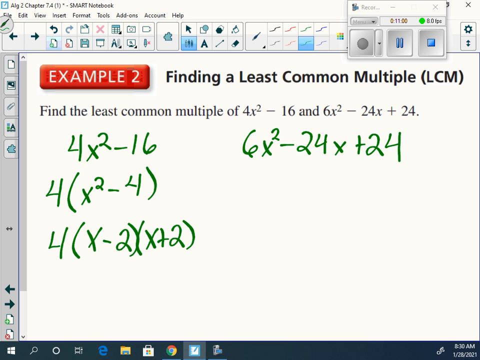Let's look at the other one, 6x squared minus 24x plus 24. There's a greatest common factor of 6 that we can pull out. And if we factor it out, 6 factored out of 6x squared will leave me with x squared minus 4x plus 4. Because when we factor 6 out of 24x and 24, we're left with 4x and 4.